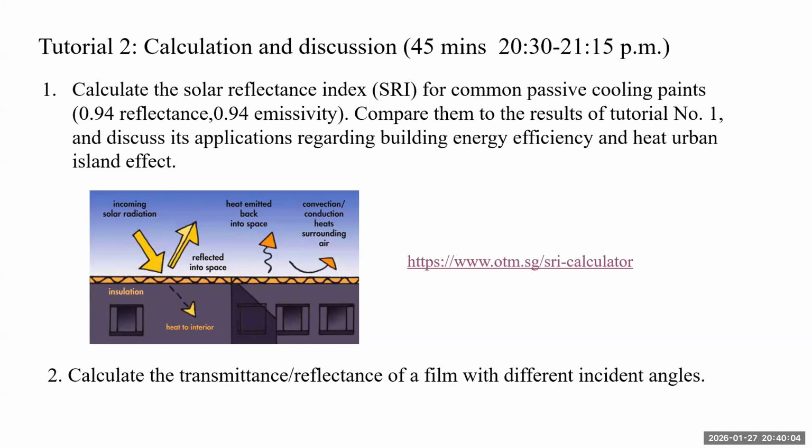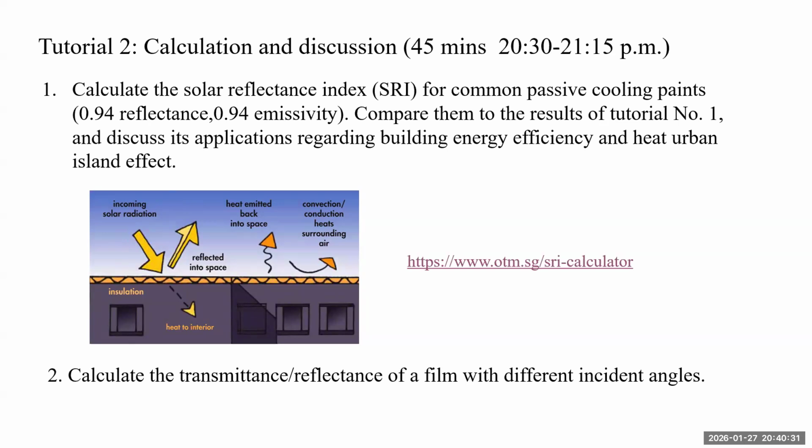Okay, so next, I think we want to know more about the magic world of light. Through the video, we know more about light. And then we will work together to see how to scientifically calculate the transmittance and reflectance of film.